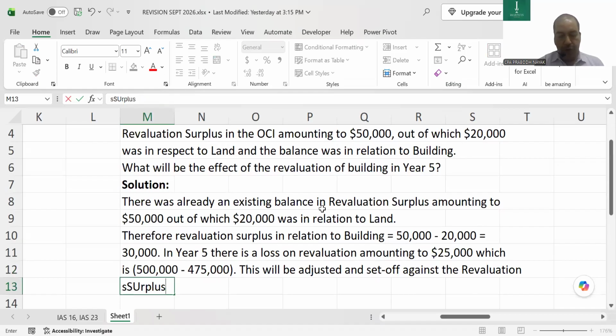The revaluation surplus existing of $30,000 balance in the revaluation surplus.